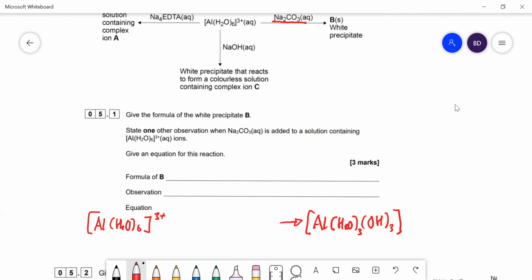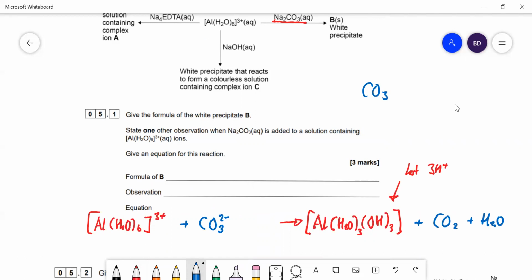Right, so it's good to bear in mind there that this has lost 3 protons when we're balancing the equation. Now that reacts with carbonate. If you give 2 protons to a carbonate ion, you end up forming carbon dioxide and water. Each carbonate is going to require 2 protons, so this is gaining 2.